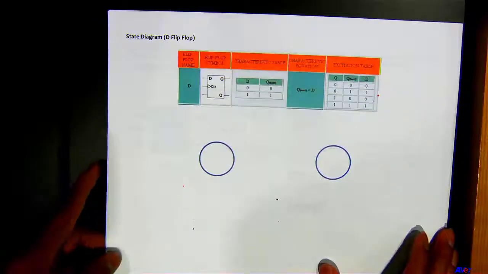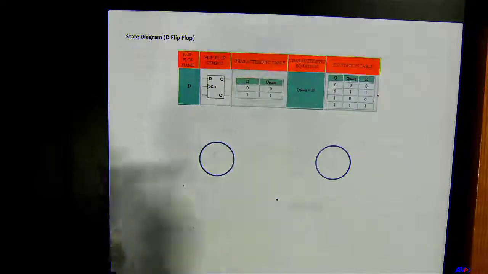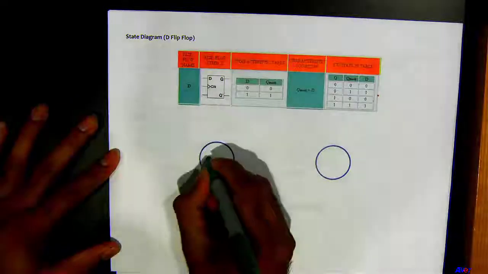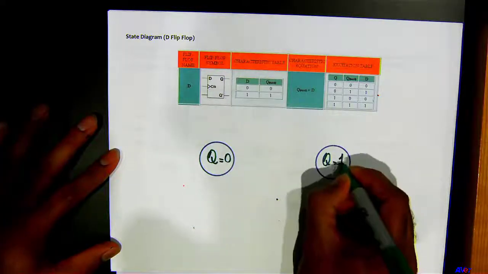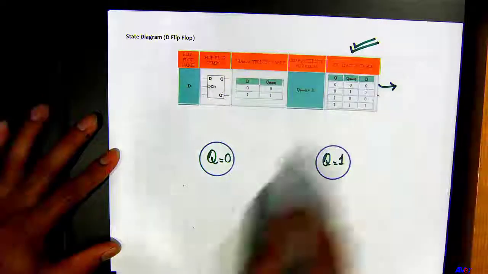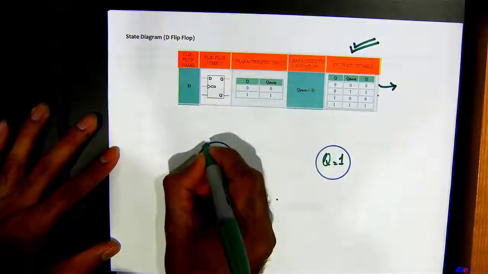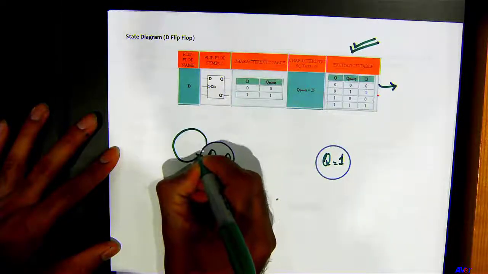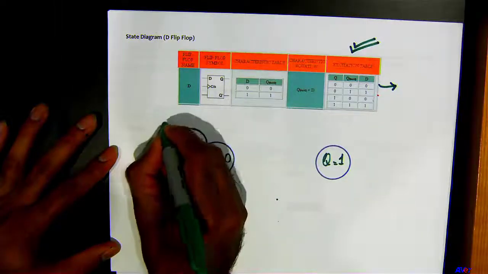Now moving on to the state diagram for the D flip-flop. What are those two states right here, folks? 0 and 1. Q equals 0, Q equals 1. Again, we look at the excitation table and just follow along. The next state is going to be 0 when D is 0, so I'll just say 0 here.